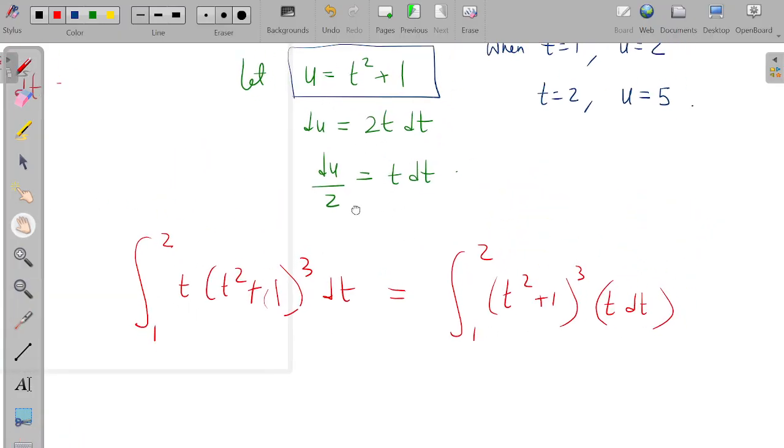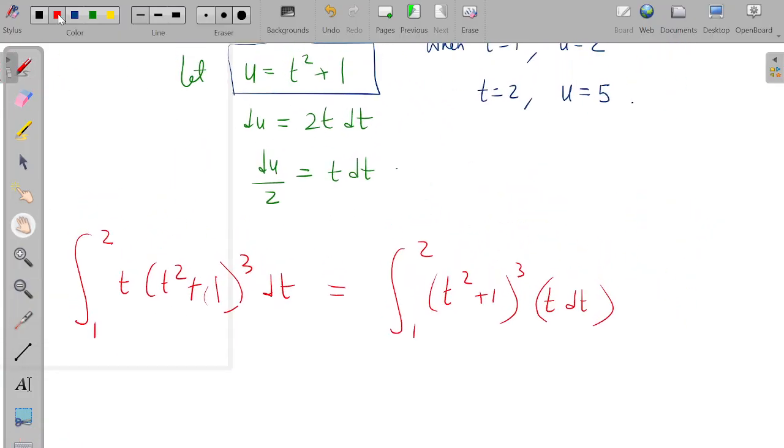Now let's change the limit. This becomes u raised to the power 3, and this becomes u over 2.